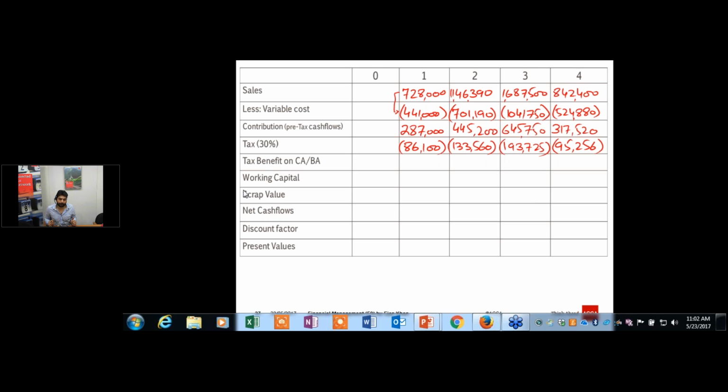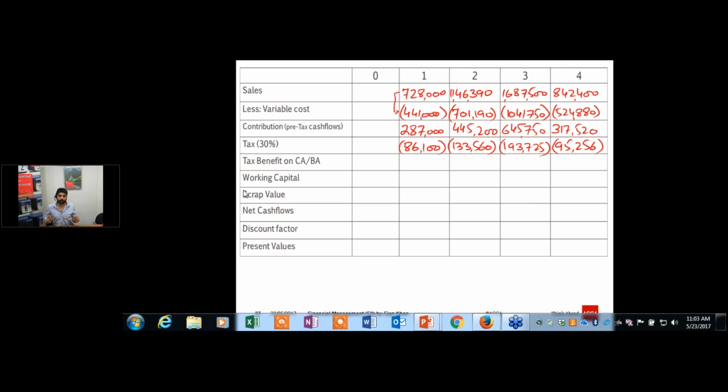Remember one thing, both tax depreciation and accounting depreciation are non-cash expenses, and we never take non-cash expenses into consideration for calculating present values or net present value.